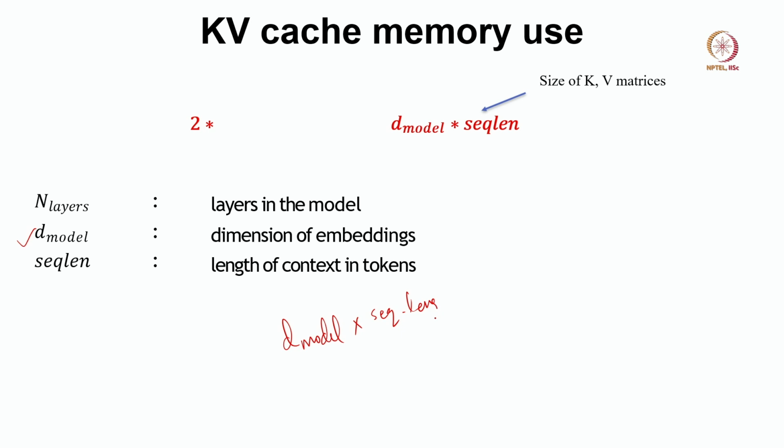That means we need to store D model multiplied by sequence length numbers, and since we have key and value, we have two variables, so we need to store 2 multiplied by D model multiplied by sequence length numbers.